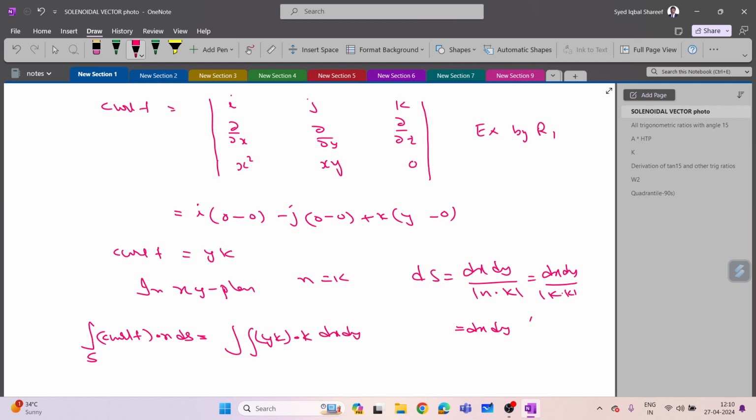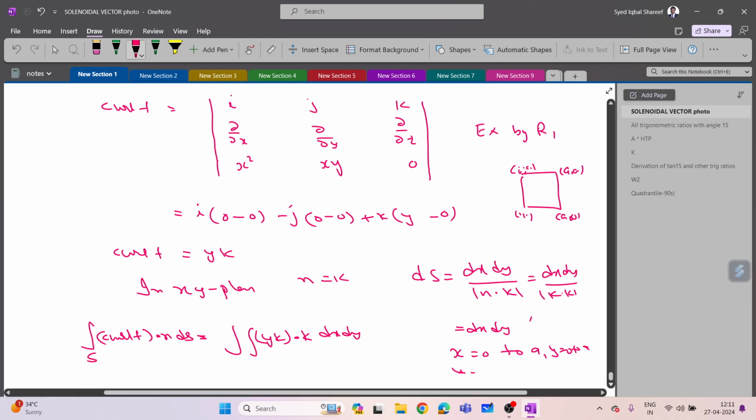Now you have to see the limit of integration. It was a square with corners 0, 0, a, 0 and 0, a. So x is 0 to a and y will also be 0 to a. Just integrate.